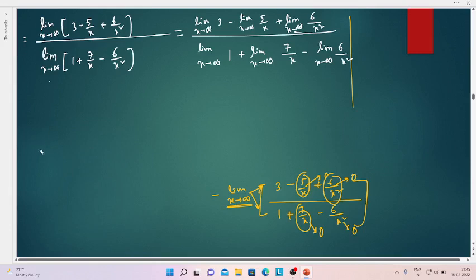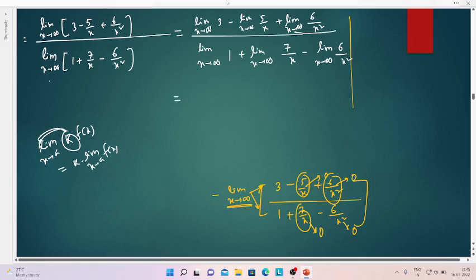And we have another formula: limit, suppose x tending to a, k f(x) can be written as k times limit x tending to a f(x), right? So we can put that constant term outside of the limit.